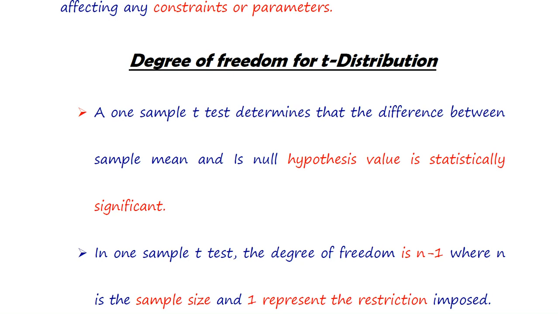Let's suppose in a one sample t test for mean, we determine whether the hypothesis is statistically significant for the mean or not. So the parameter to be estimated is the mean.